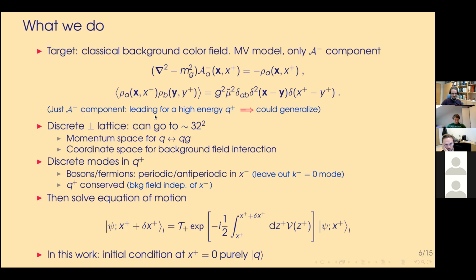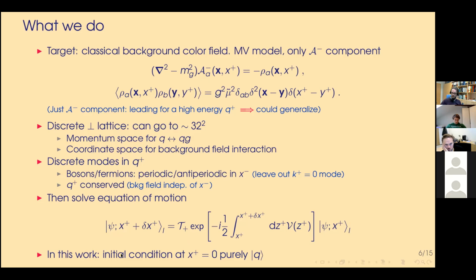Okay, so we discretize the system, put it on a computer, and then we just solve the equation of motion. We have our state at the next time step, which is given by the state at the previous time step, and then interactions, whatever interactions we have in our Hamiltonian: quark emission, quark absorption, gluon emission, gluon absorption, and then interaction with the background field.